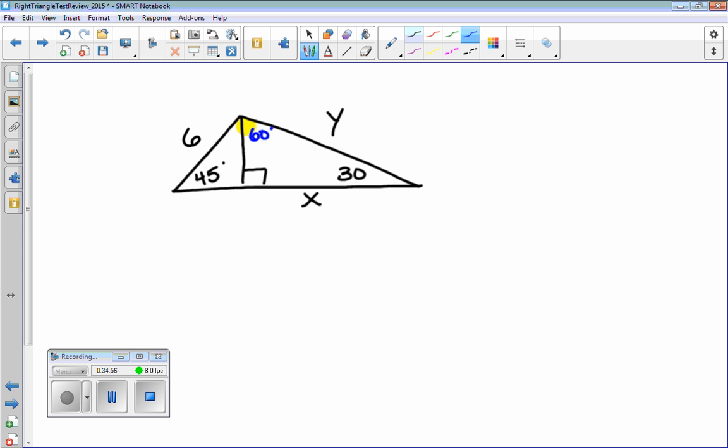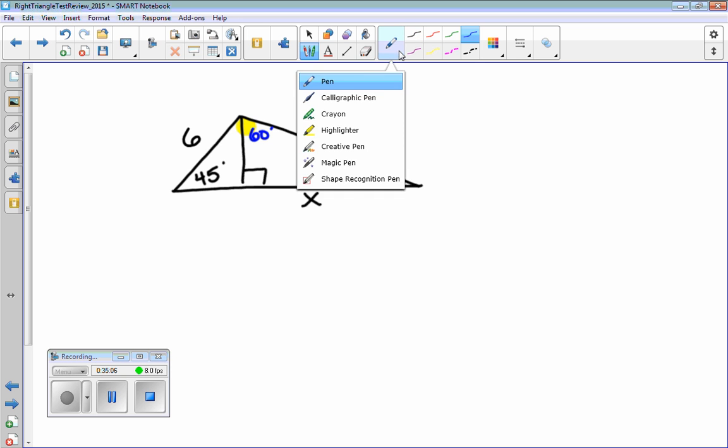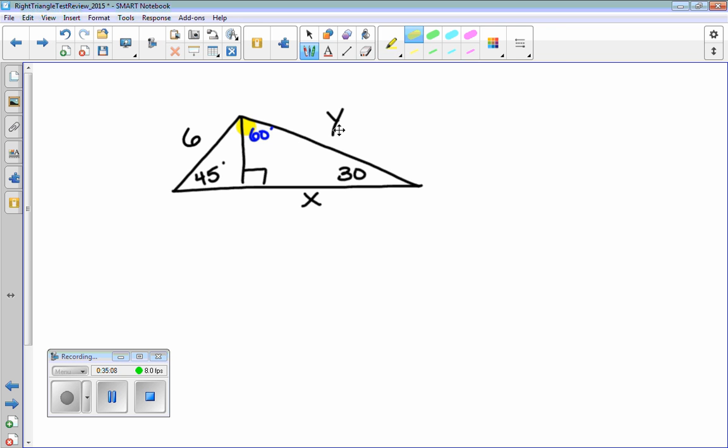I need at least one side, don't I? And I don't have it yet. Can I find one of the sides on the right-hand side? Yes, I can. I can actually find this guy, which happens to be on both of the triangles, okay? So let's find it first, and then I can use it to find x and y, okay?